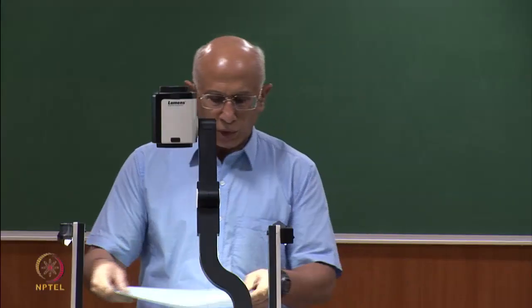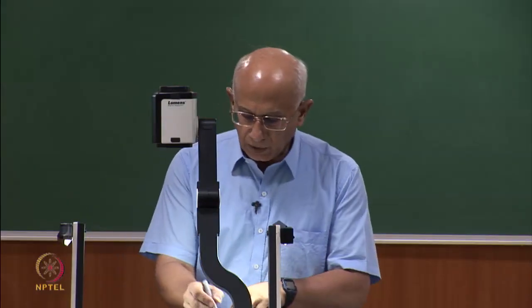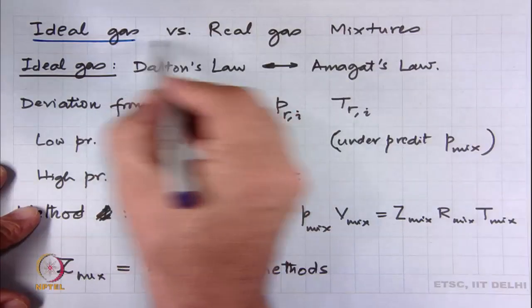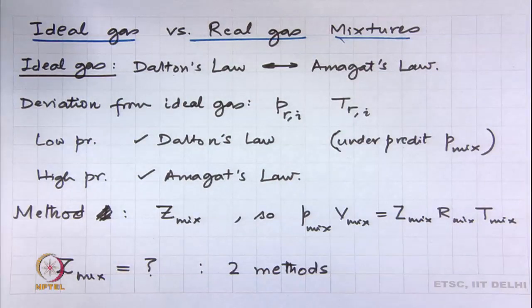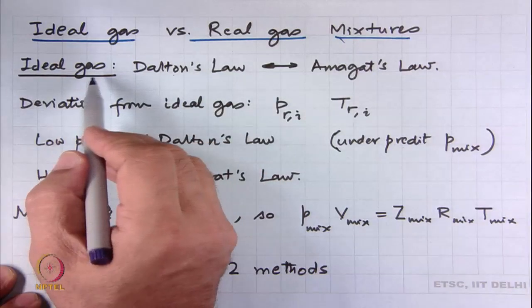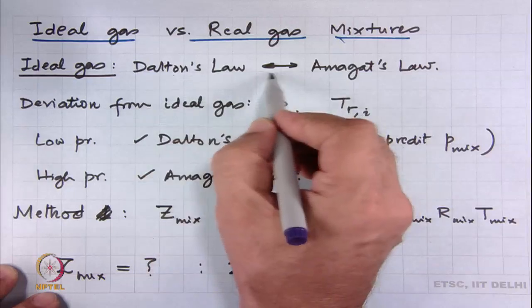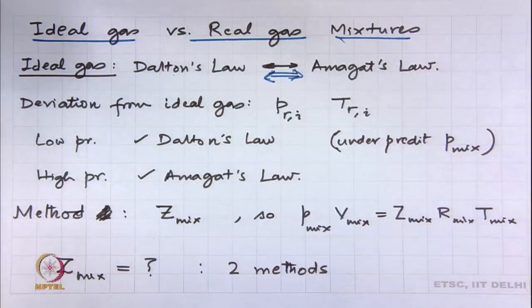So, can we apply both laws to all situations? Well, it so happens that when we look at ideal gases and real gas mixtures, for an ideal gas, Dalton's law is equivalent to Amagat's law.